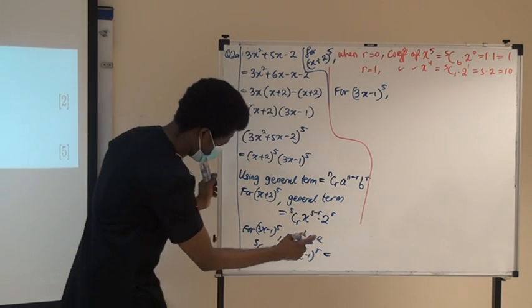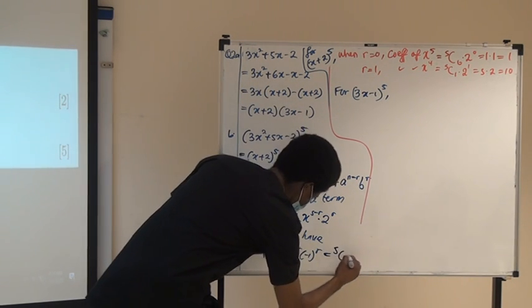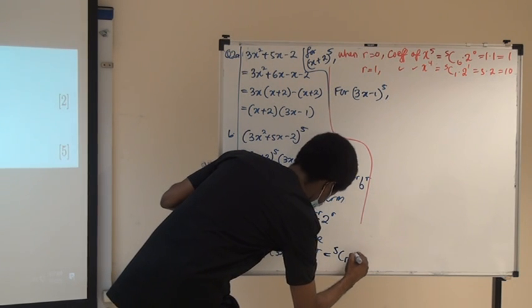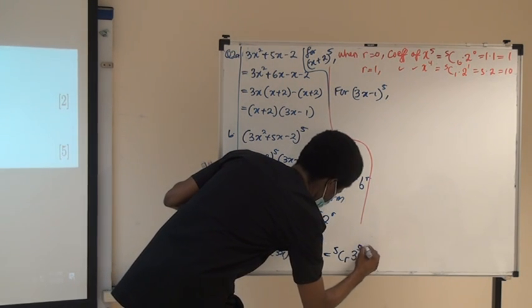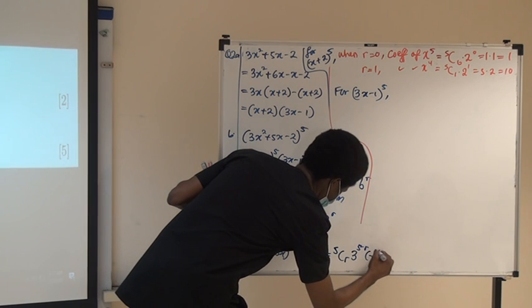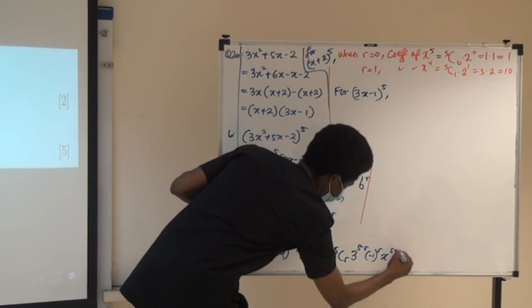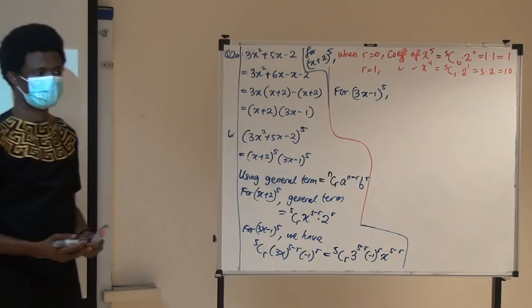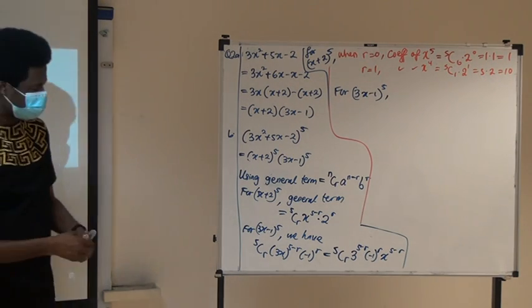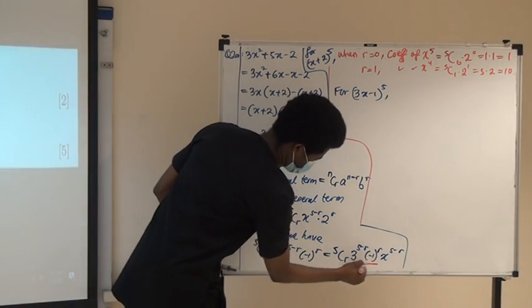So if you remove x totally, 5 combination r, 3 to power 5 minus r, negative 1 to power r, followed by x to power 5 minus r. Understood? So if we are talking about the coefficients, we are talking about this only.